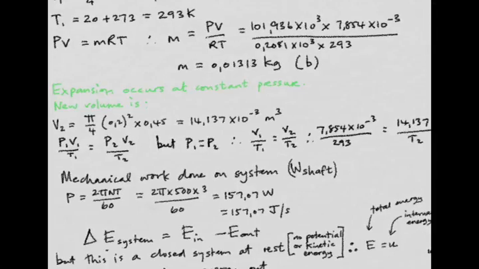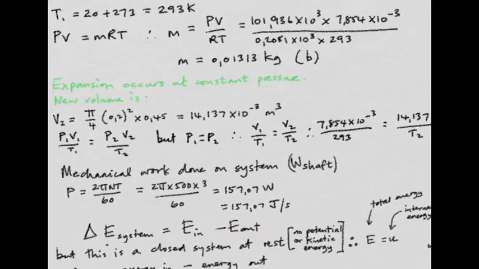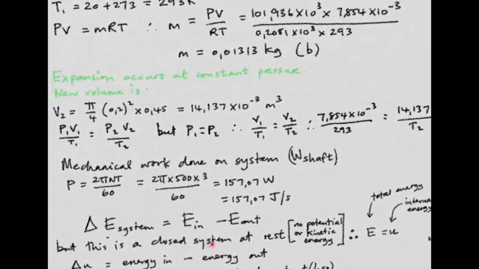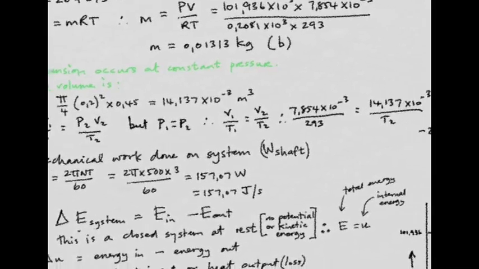Now, as with any system, mechanical, thermodynamic, whatever, the change in the energy of a system would be what came in minus what went out. Now, in our case, this is a closed system and it's at rest, so there's no potential energy or kinetic energy to worry about because it's standing still. So, as you'll recall from the notes, we can therefore say that energy is actually all internal energy.